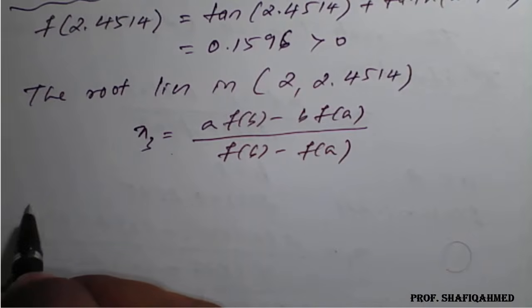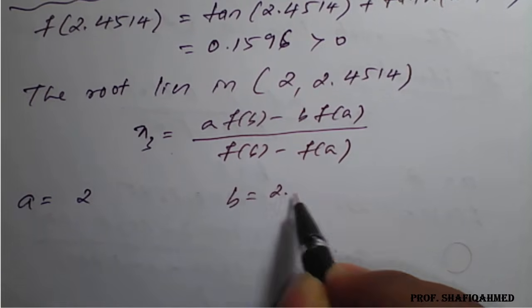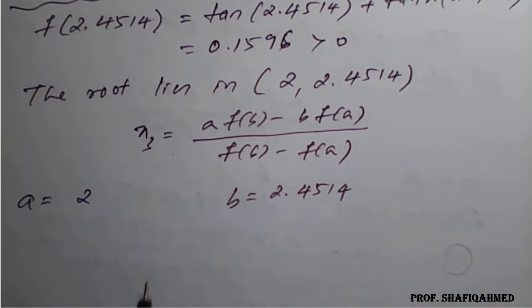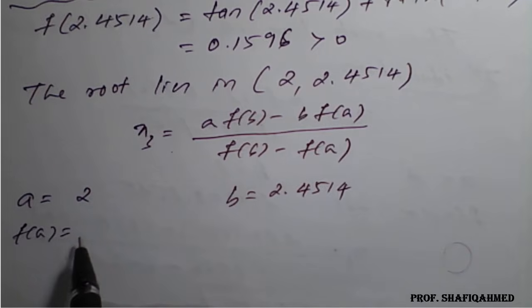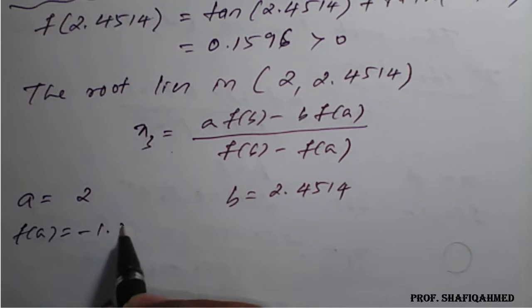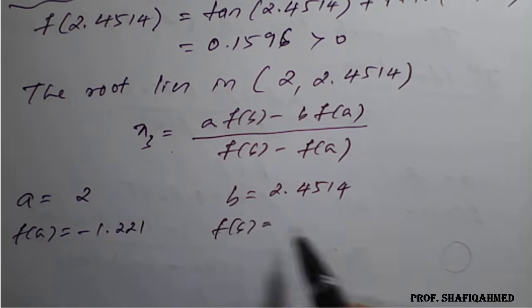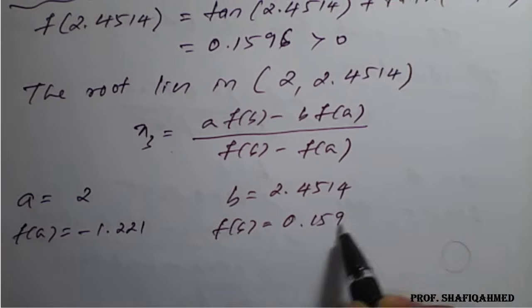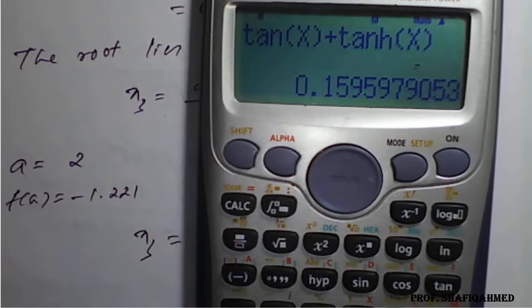So the a value will be again 2, the b value will be 2.4514, the f of a value will remain as it is, minus 1.221, and the f of b value we just got, 0.1596. If we apply a and b directly in the calculator, we'll see what we get.